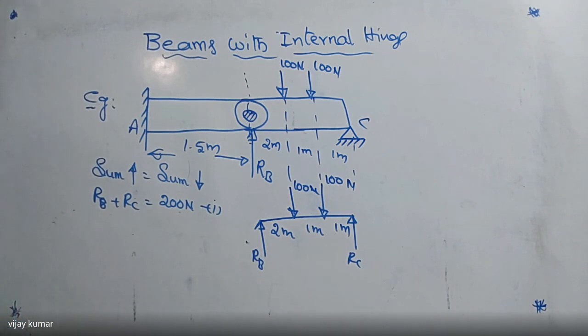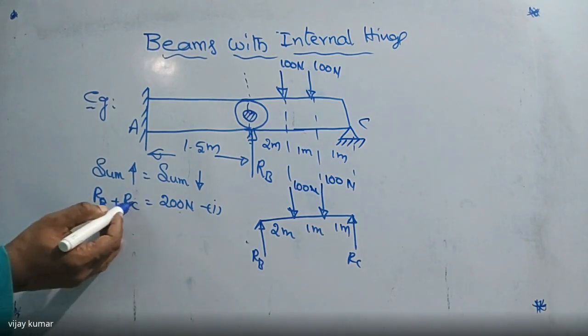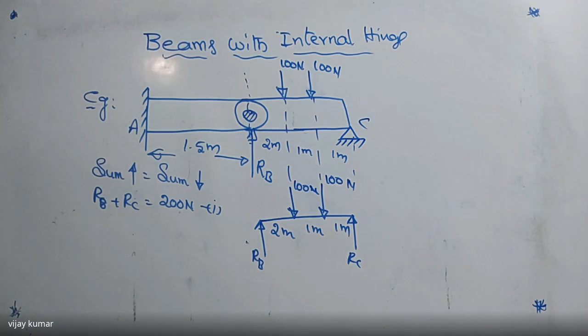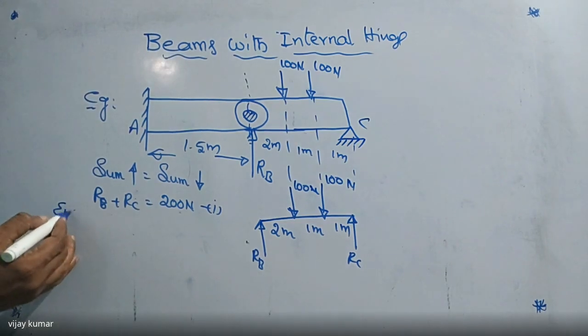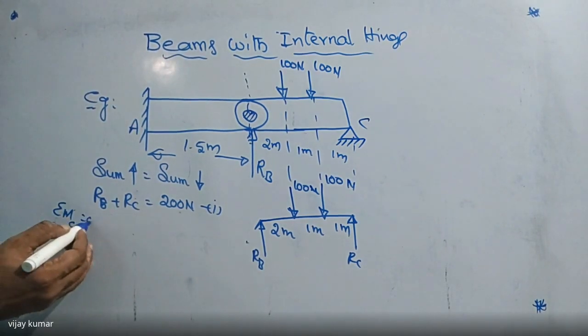All right. So here, RB plus RC is equal to how much? 200 newtons. Then here I'm going to write it. Take moment about C is equal to 0.